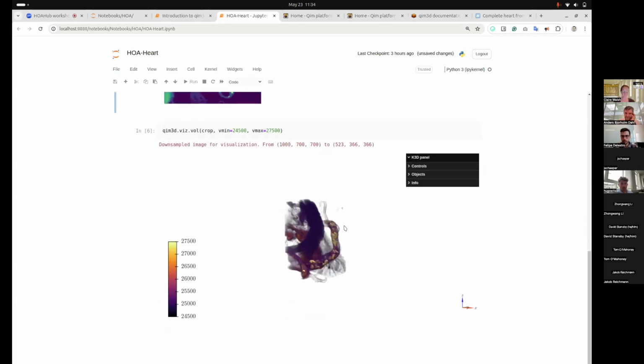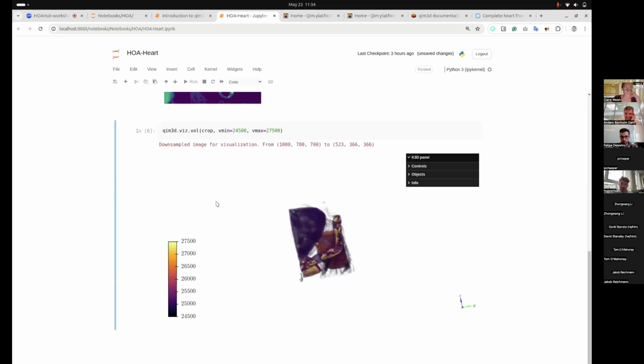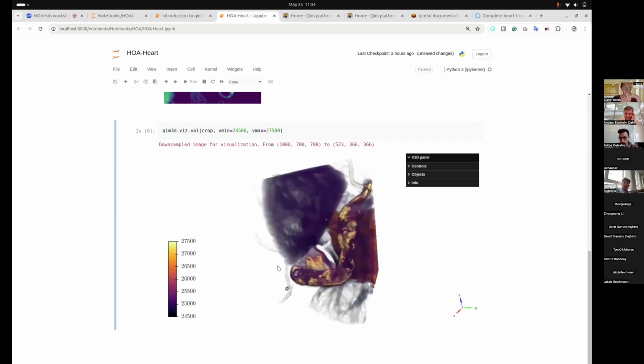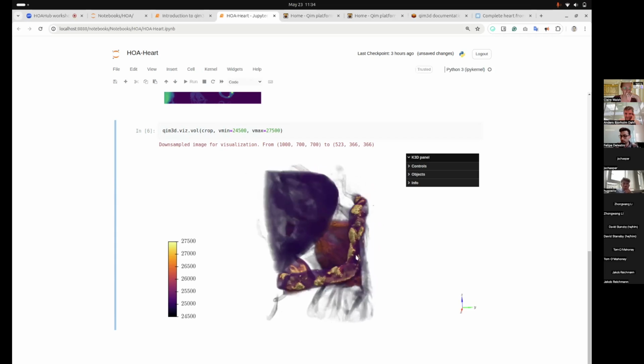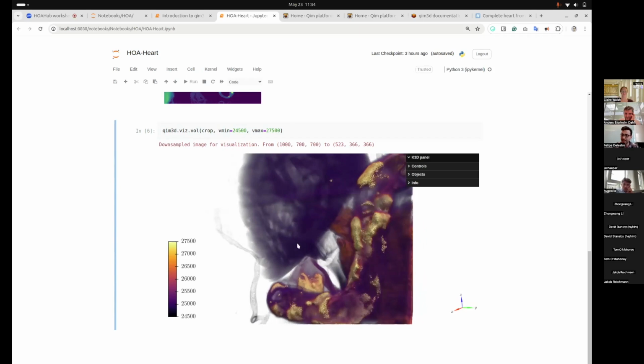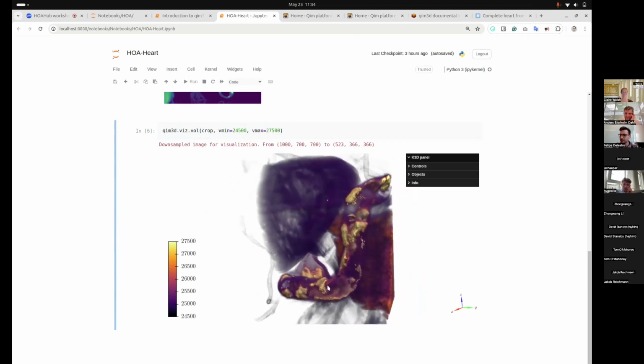So here we have the volumetric visualization that we just processed, and we can interact. Now it's a little bit easier to figure out what's happening there. It looks like it's a vessel, and there are some structures there that I'm not in a position to tell what they are, but it looks like there's something happening.